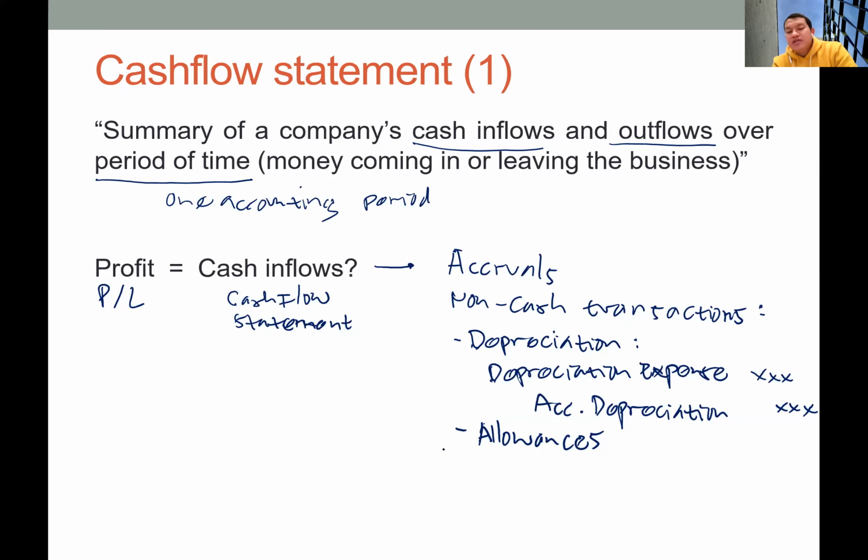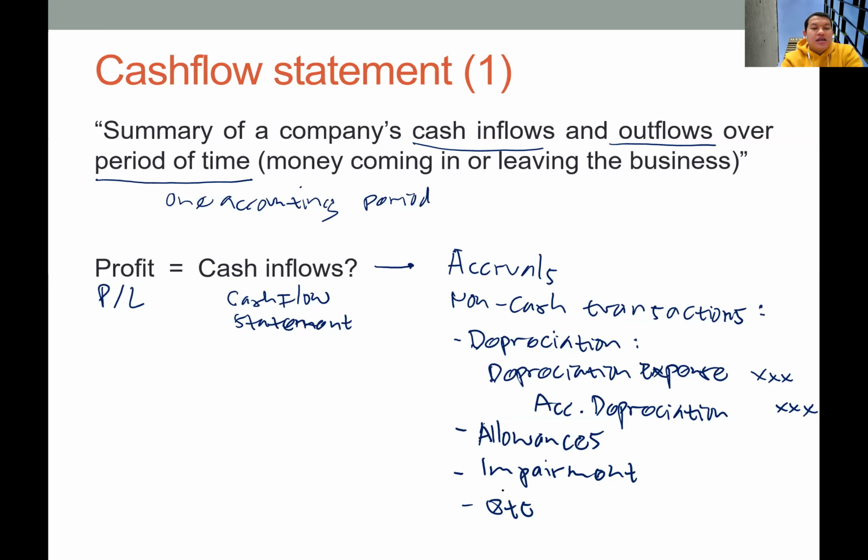Any kind of allowance will affect the profit and loss, but will not affect the cash. We also have impairment, right? We have discussed impairment in the first tutorial. And any other accrual transaction will affect the profit, but will not affect the cash. That's why, as long as the company applies the accrual principles consistently, the profit or loss will never equal the cash inflows.